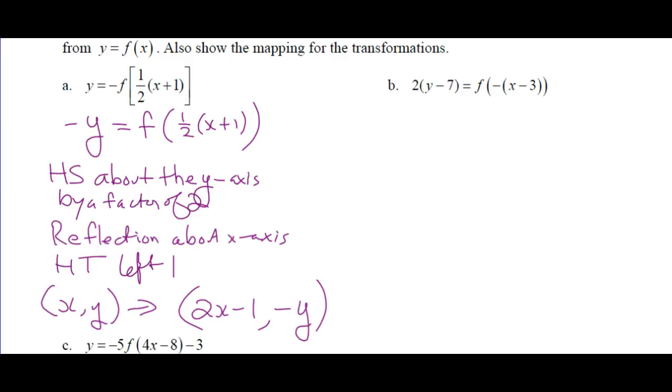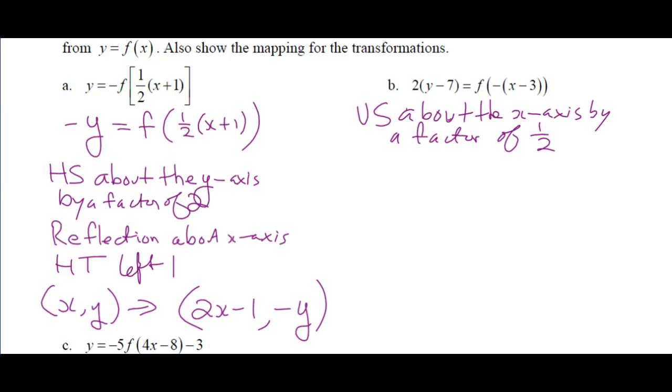Is there a vertical stretch? About what? VS about the x-axis by a factor of how much? 1/2. Is there a reflection? What kind?